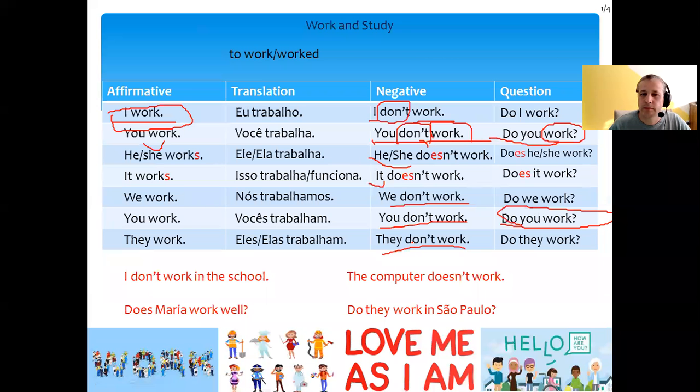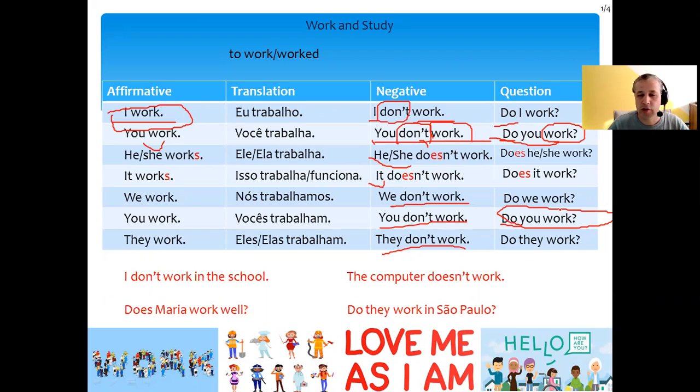Ok. So that's it, guys. Questions, colocaremos o do na frente. Para perguntas, colocaremos o do. Work, study, go, que é o verbo ir. Cook, que é o verbo cozinhar. Drive, verbo dirigir. It doesn't matter, guys. It's gonna work this way.